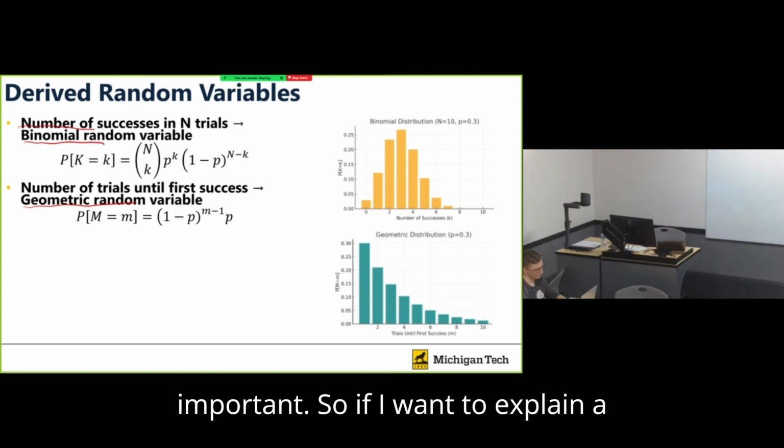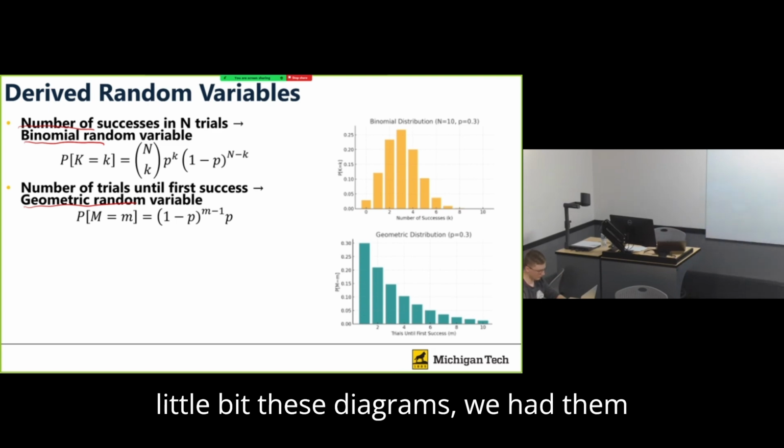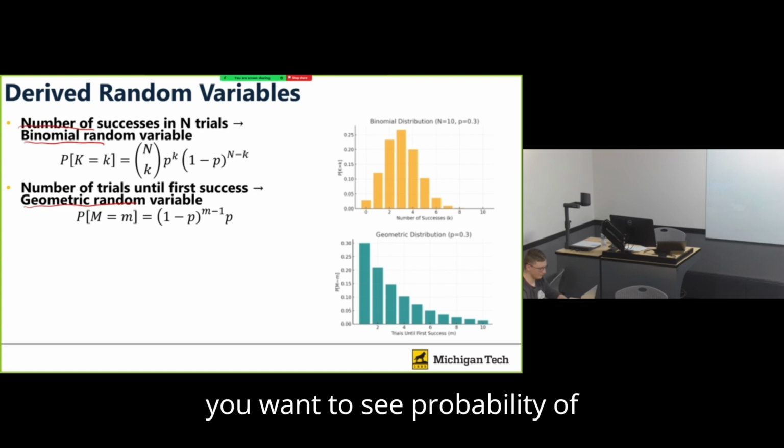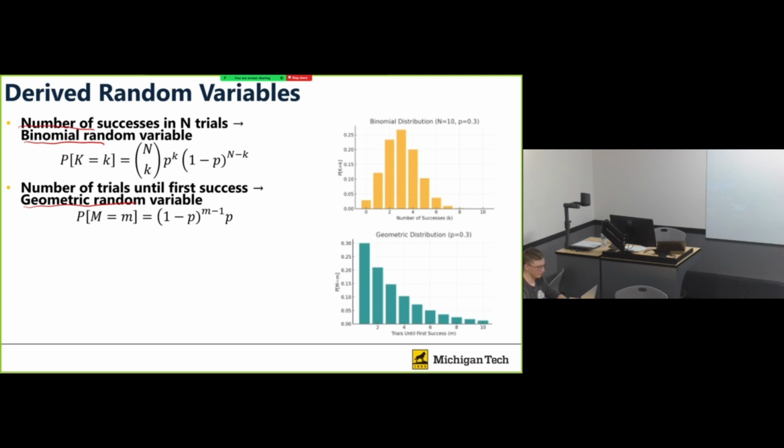So if I want to explain these diagrams a little bit, we had them before. The number of successes, for example, you want to see the probability of k.